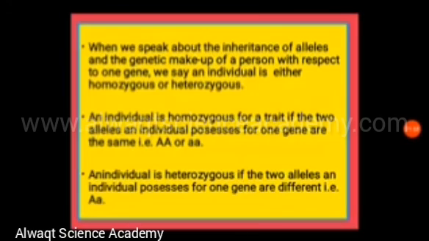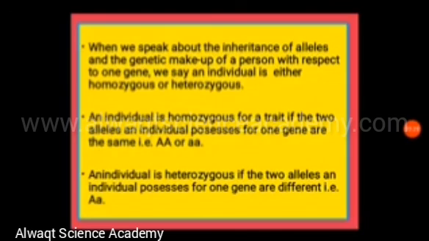An individual is described as homozygous if the two alleles he has inherited for a particular trait are the same, whether they are both dominant or both recessive. As long as an individual has the same alleles for a particular trait in his body, the individual is described as being homozygous for that trait.